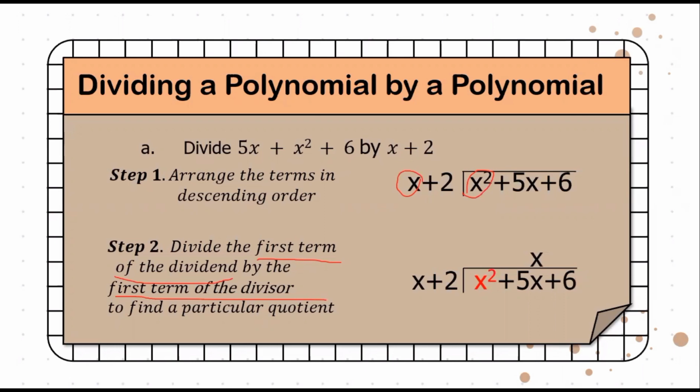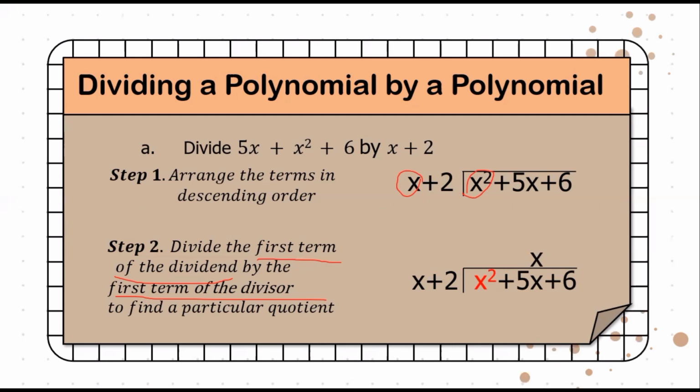Saan po ipupwesto yung x? Under doon sa kahilera niya ng degree. Okay? So, pinesto ko siya under 5x. Okay? Inalign ko siya under the second term of the dividend. Why? Because they have the same degree, which is 1. Okay?